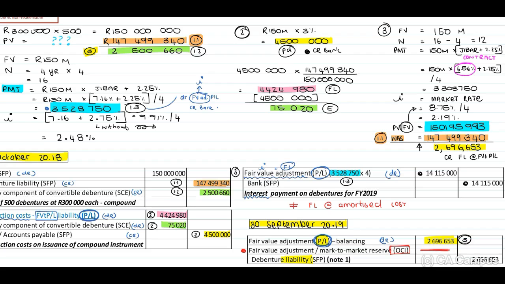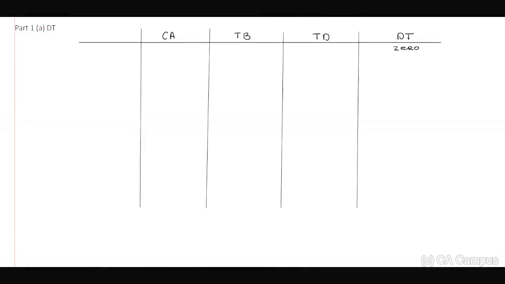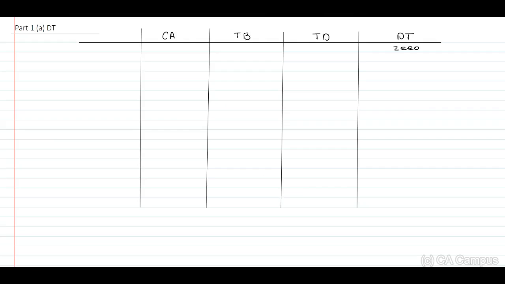Okay, now remember, when you look at your requirement, we still have to include our deferred tax journal. Now, with deferred tax, as always, I prefer to make use of my calculation, my deferred tax calculation table. Right, this is my deferred tax calculation, and remember, I do prefer to make use of my table and my columns.